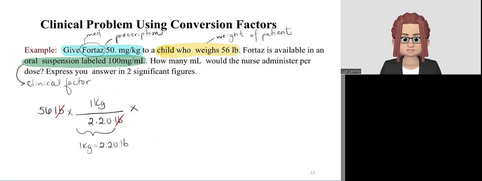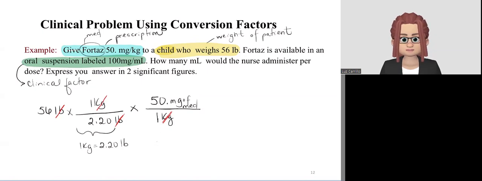Another way to write that will be to say, well, every kilogram of weight for that patient is going to correspond to 50 milligrams of the medication that needs to be administered. So by writing it this way and canceling the units of kilograms, we are calculating for our patient how much medication we need to give the child.